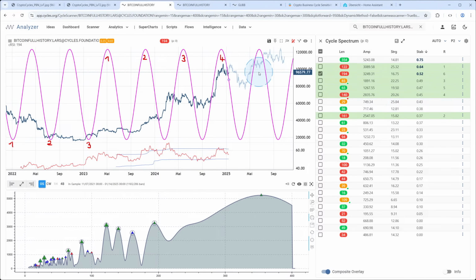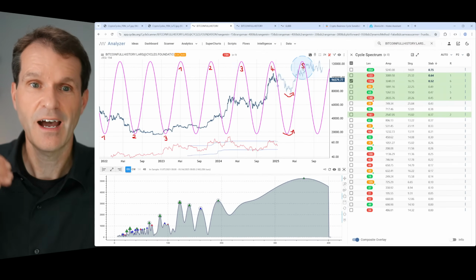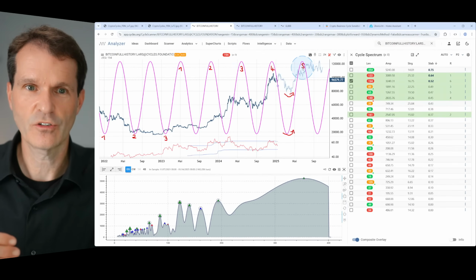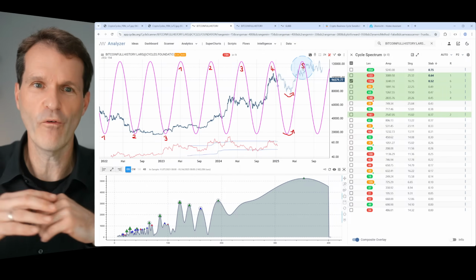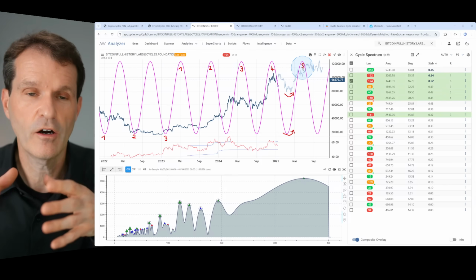So by not only identifying the nominal 200-day cycle at that point in time, predicting that bottoming window in that area ahead of time, we also have been aware that there's an upcoming count of 5 coming in this summer, which would lead at least to another high in Bitcoin. We cannot really predict how fast or the magnitude of the price swing.